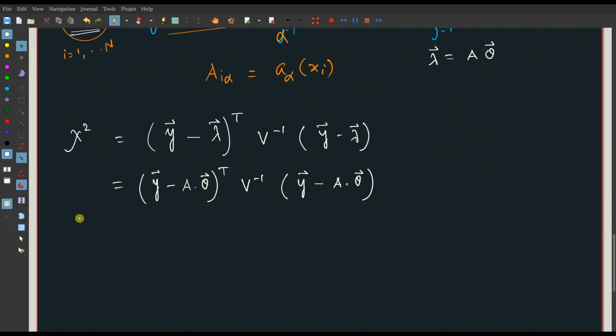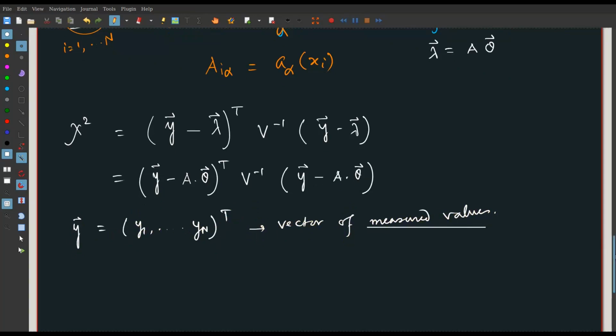Remember that y is essentially y1 up to yn, transpose. This is the vector of measured values. This is the important thing.